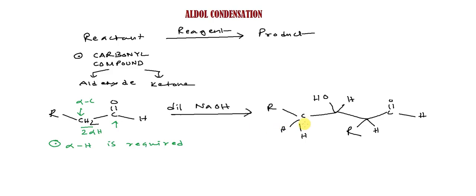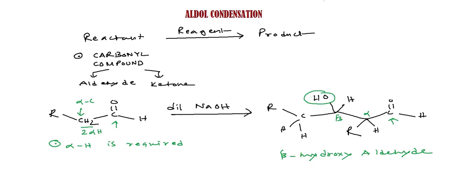Now let's talk about the product. Here this is the carbonyl carbon, the adjacent carbon is the alpha carbon, and adjacent to the alpha carbon there is this beta carbon. You can see that in the beta carbon there is this OH group. So the product that we are getting in the aldol condensation is basically beta hydroxy aldehyde.